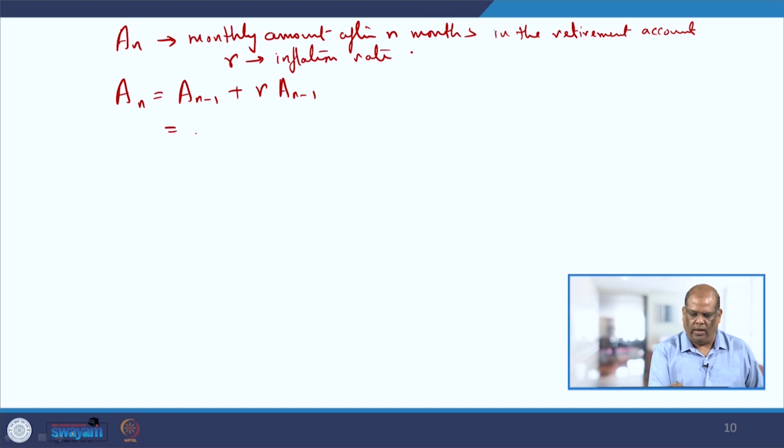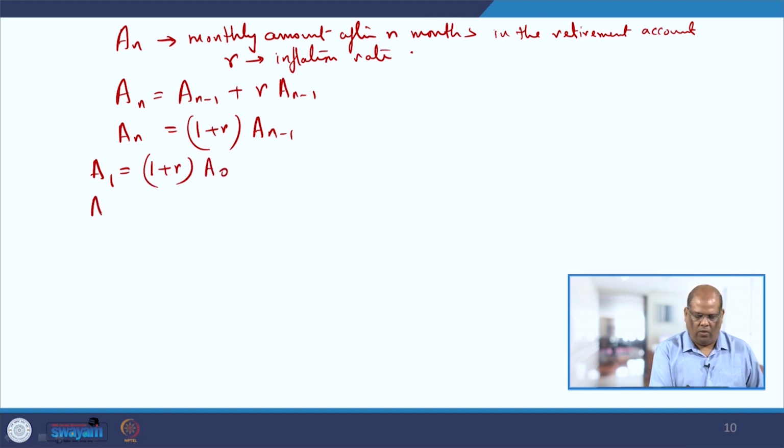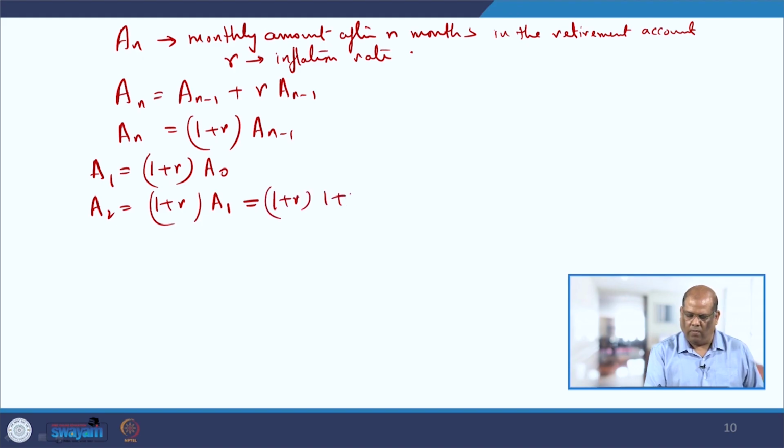So, I can write this as (1+R) into An-1. This is your An. So, your A1 is (1+R) into A0, your A2 is (1+R) into A1, and I can write this as (1+R) into (1+R) into A0.